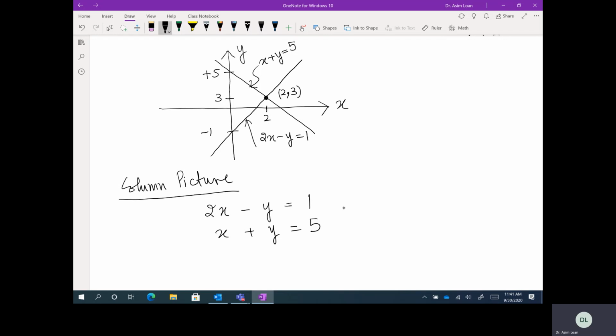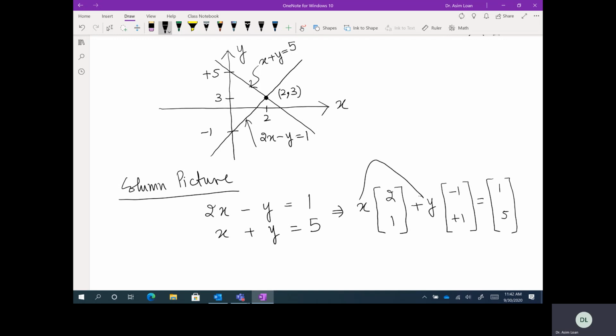Okay, so I can always write this as x outside, with 2 and 1 here, plus y outside, with minus 1 and plus 1 here, and this is simply equal to 1 and 5. So these are scalars, and these are vectors.